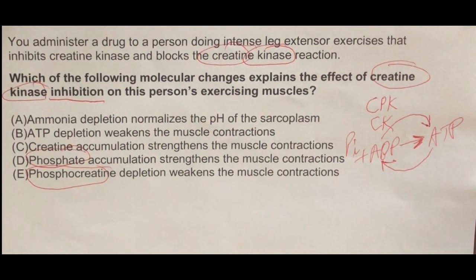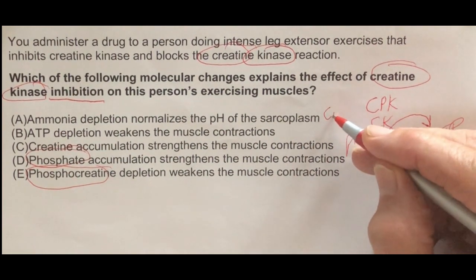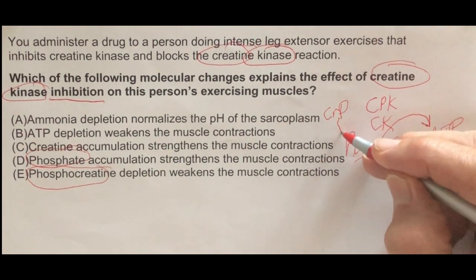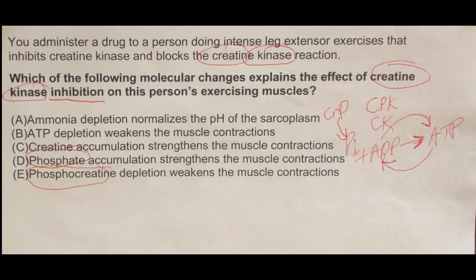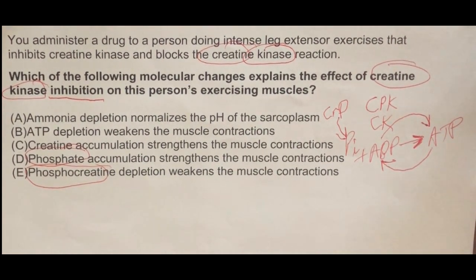Phosphocreatine is the source of the phosphate. It's called CRP. CRP provides the phosphate, the inorganic phosphate, for this reaction to occur. So phosphocreatine depletion weakens the muscle contractions. It seems like the kinase is going to take the phosphate.